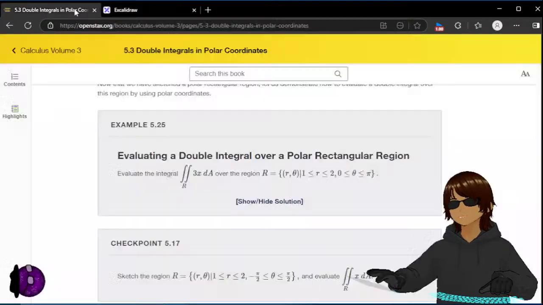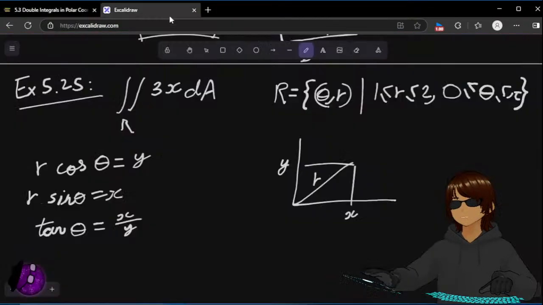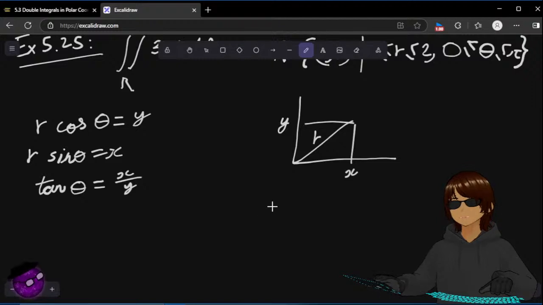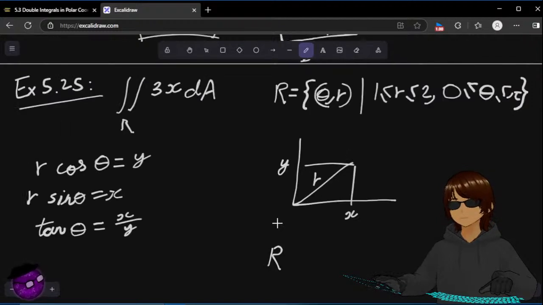But this question is the equivalent of, so the region R, r between 1 and 2, and theta is between 0 and pi.